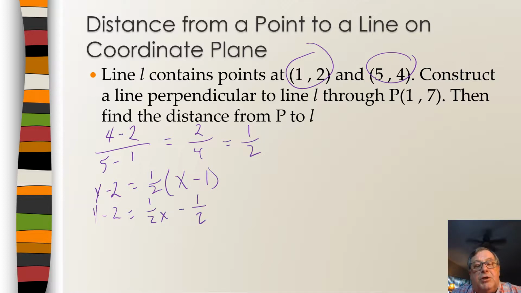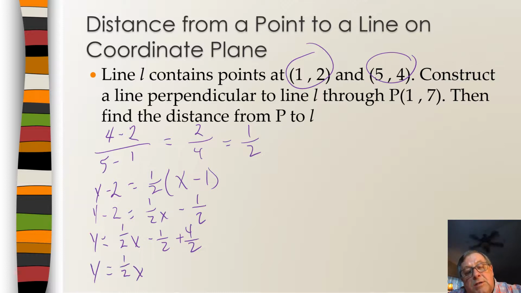And we're going to add 2 to both sides, so we get y equals 1/2 x minus 1/2 plus 2, which is 4 over 2. And finally, my equation for line L is y equals 1/2 x plus 3/2.